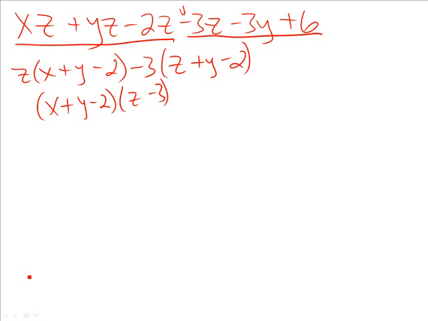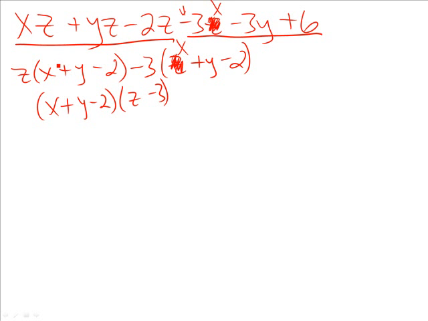I just realized I made a mistake. I knew in my head what I meant, but I didn't write it that way. This was supposed to be an x, which would make this an x, which would actually make them common. That does bring out a point that's important to be aware of.